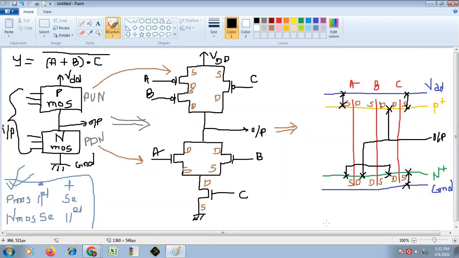Clear with this? How to draw a CMOS logic, and then how to draw its stick diagram representation. So this is the stick diagram representation.